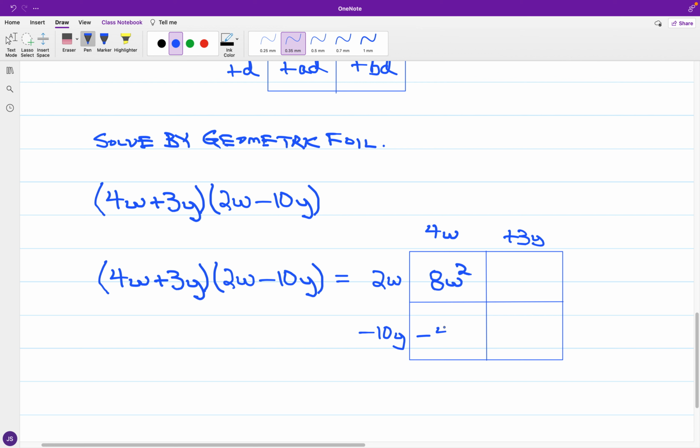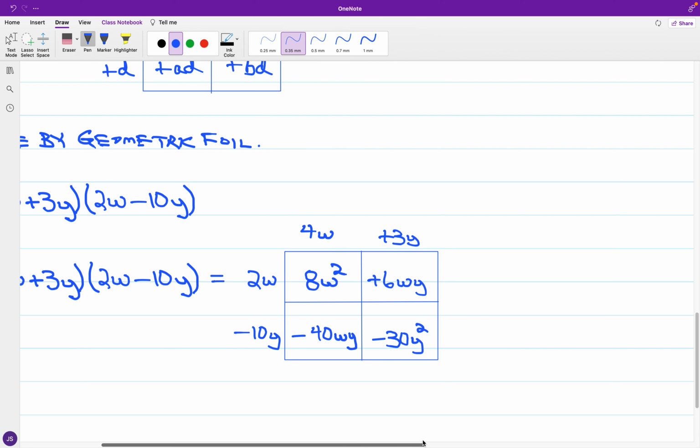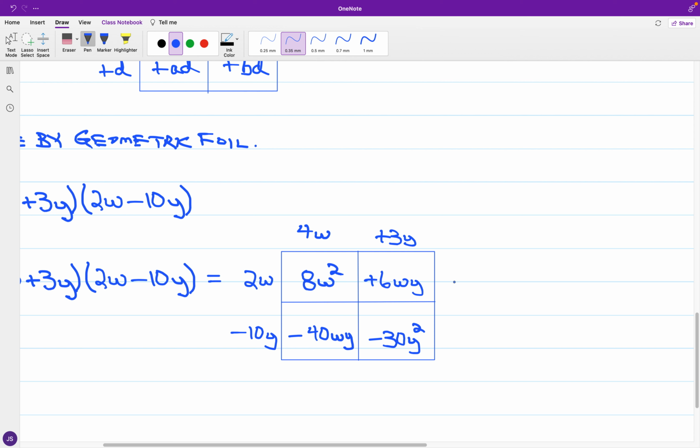So we have minus 40WY. And for the second column, we have plus 6WY. And in the case of the last product, we have minus 30Y squared.